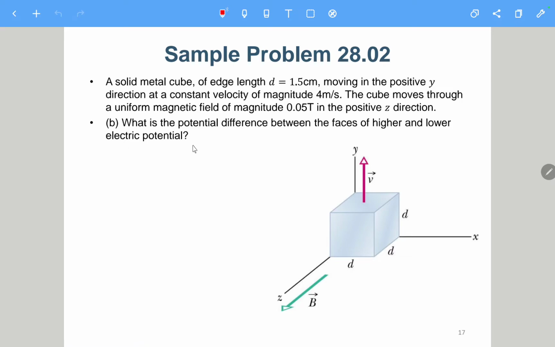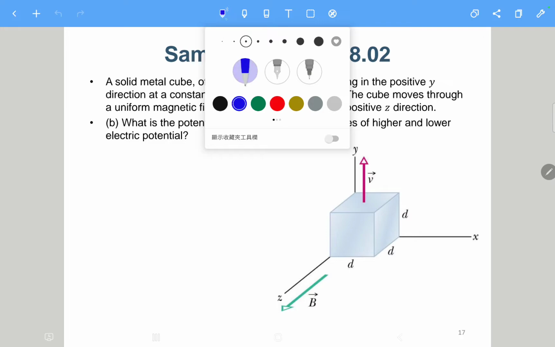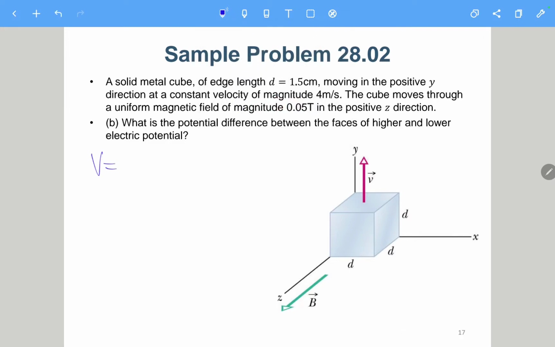We can just make use of V equals small v times B times D. As mentioned, v is 4 meters per second, so 4 times the B field, which is 0.05, and then D is 1.5 centimeter, which is 0.015.